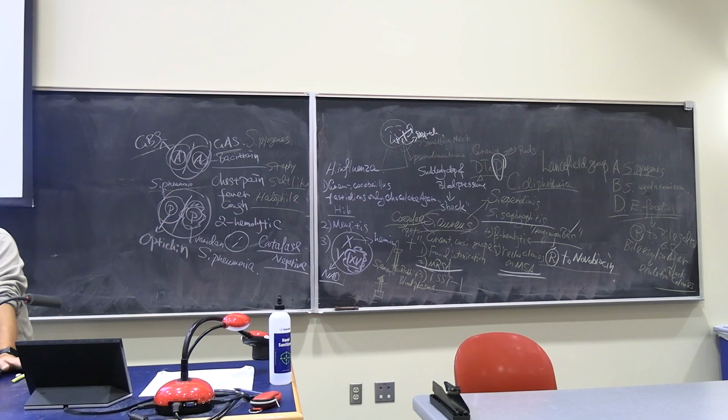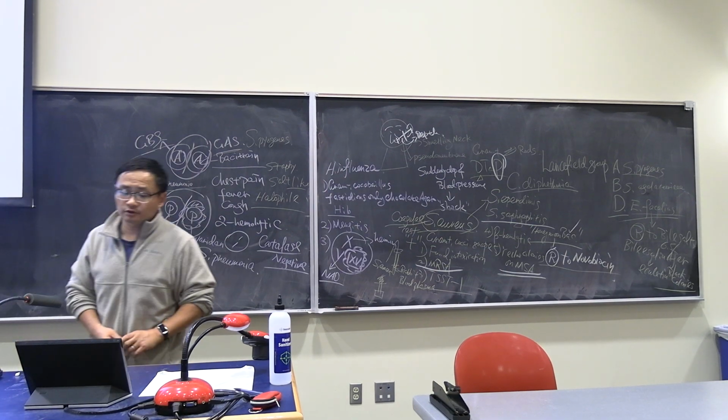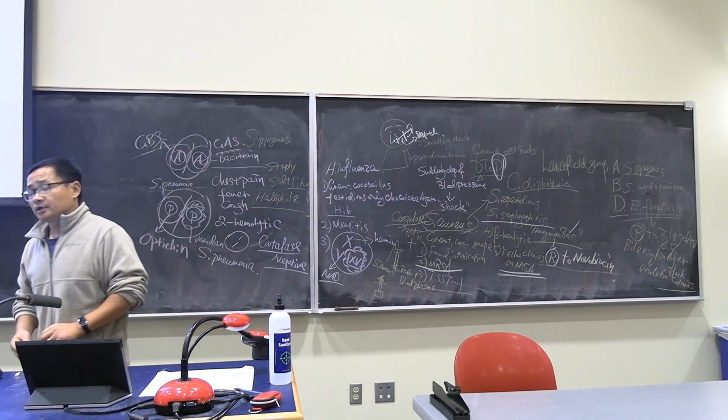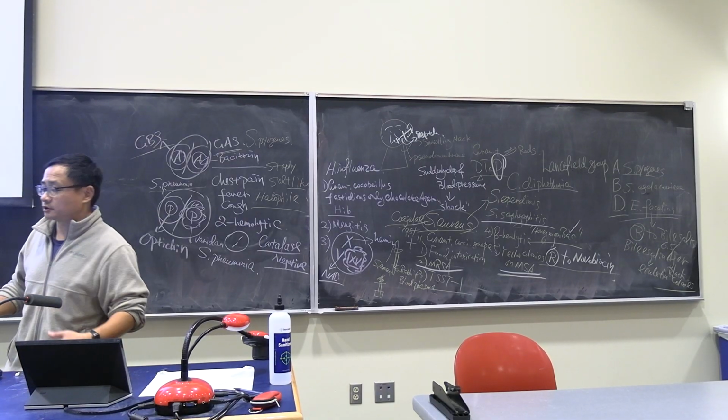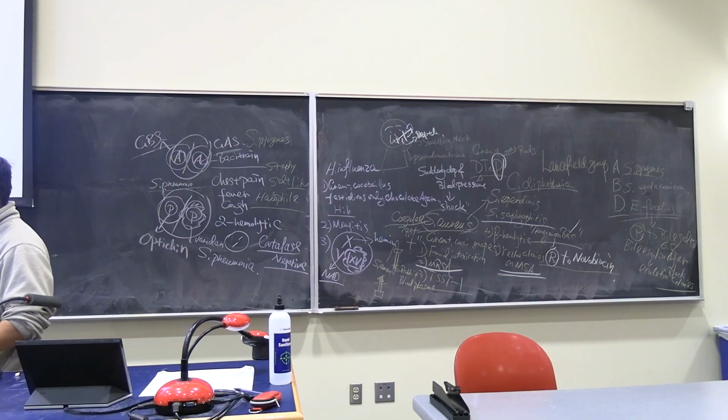Number 9, belonging to a group of alpha hemolytic microorganisms that normally live in the upper respiratory tract and may cause opportunistic infection. Okay, this is a little tough. Cause opportunistic infection. It's a normal bacteria, and if you change the condition, it will cause disease. It's alpha hemolytic.